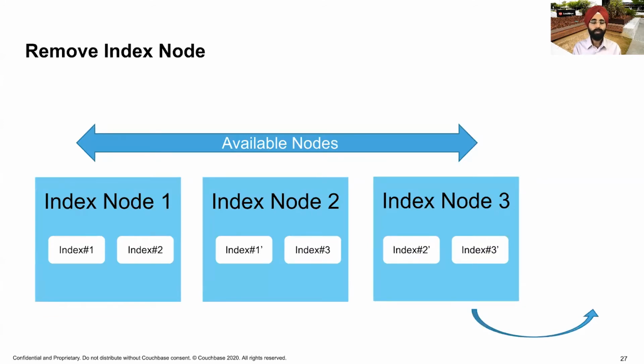Now let's look at what happens when an index node is removed. In this example, there are 3 index service nodes, and all of the nodes have indexes or their replicas, and index node 3 is going to be moved out.